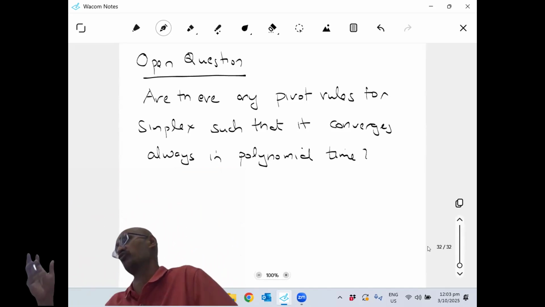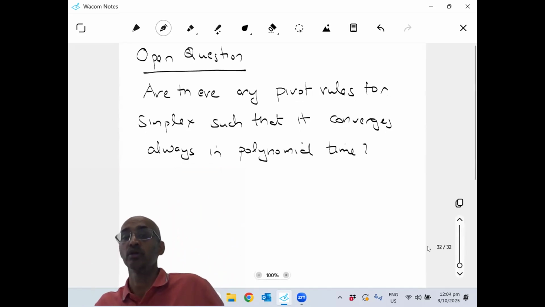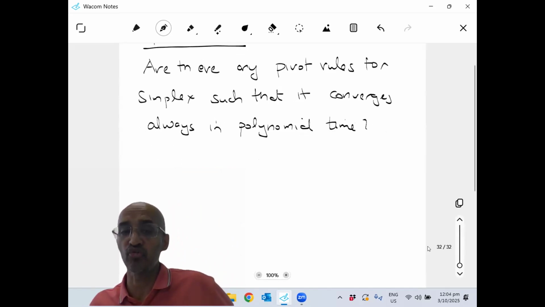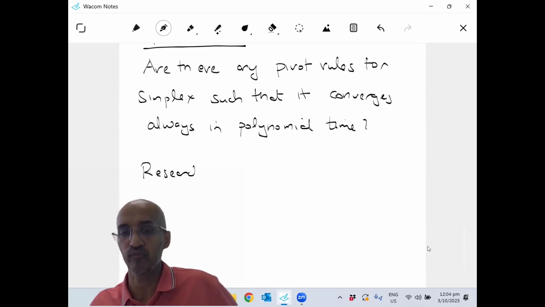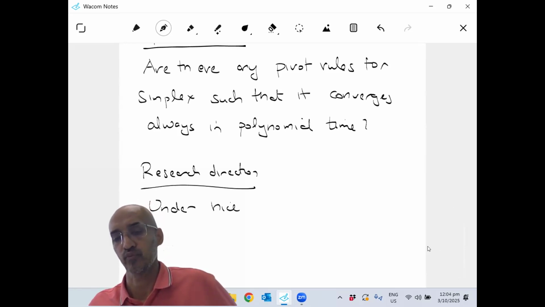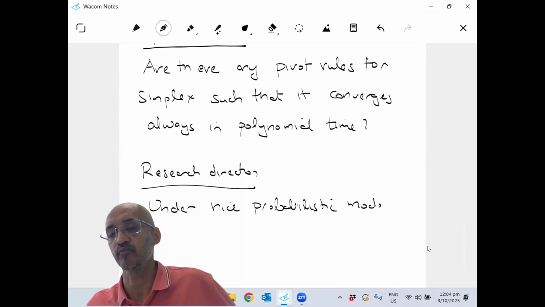Whether any version of simplex can ever be made to run in polynomial time. Now there are some people who do research on this. One research direction that people have shown is under nice probabilistic models of the data.